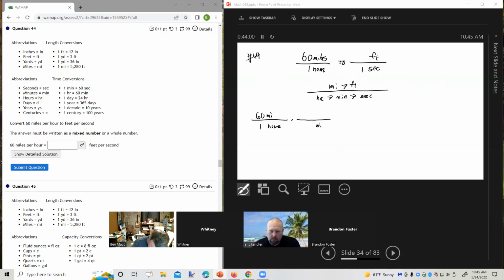We're going to go from miles to feet. 1 mile, 5,280 feet. Miles cross out, and we have feet. Then we're going to go from hours to minutes. Notice that the hours is on top now to cross out the hours on the bottom to start with. And then minutes to seconds. So I now have feet per second. I could take the 60 and one of the 60s and just reduce it down.